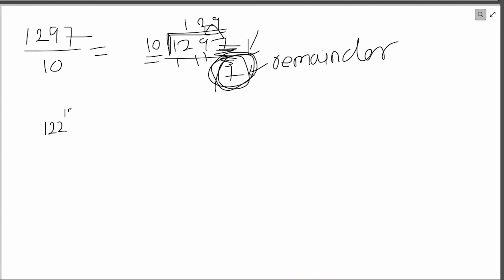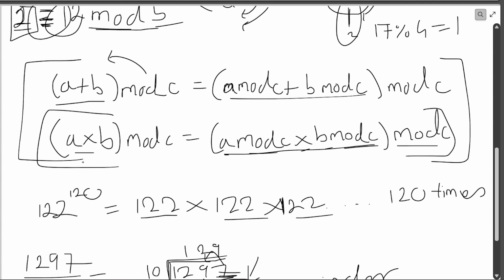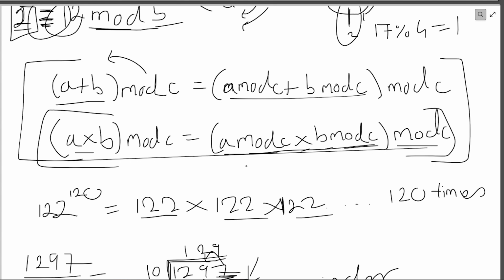So we have 122 raised to 120. Since we want to know what the last digit of this is, we'll take mod 10 because mod 10 will give us the last digit. And now let's look at this property again. As I told you, the properties will come in handy a lot during solving the questions. If you look at this property again, you know that when there are two numbers multiplied and then the mod is taken of the whole, you can distribute that mod inside to each of the individual multiplications.